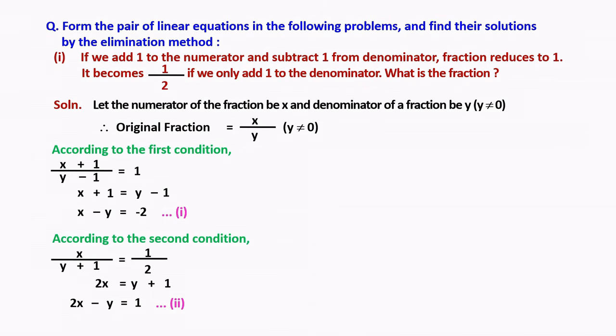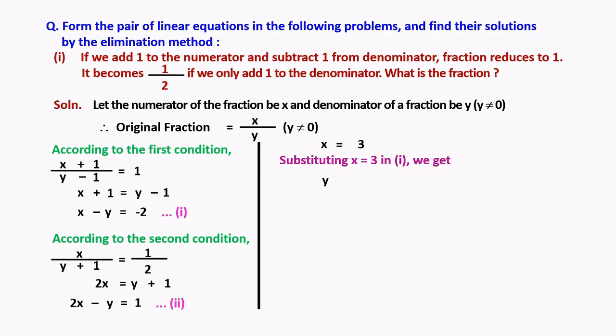Now, let us solve these equations using the elimination method. The equations are x minus y equals minus 2 and 2x minus y equals 1. Subtract the first equation from the second. 2x minus y minus x plus y equals 1 plus 2.